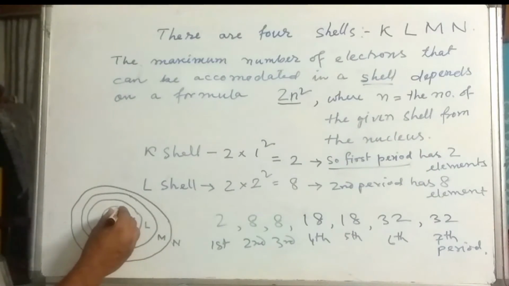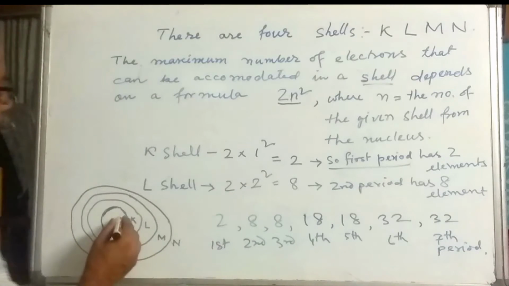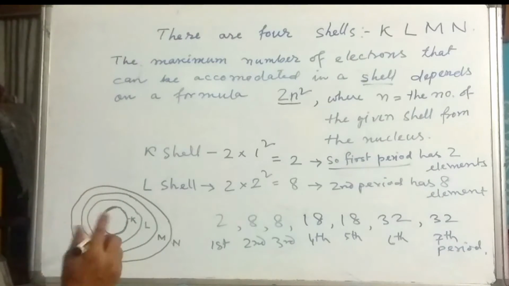This one is the number 1 cell. So 2 into 1 square is equal to 2. That means this cell can accommodate only 2 electrons.